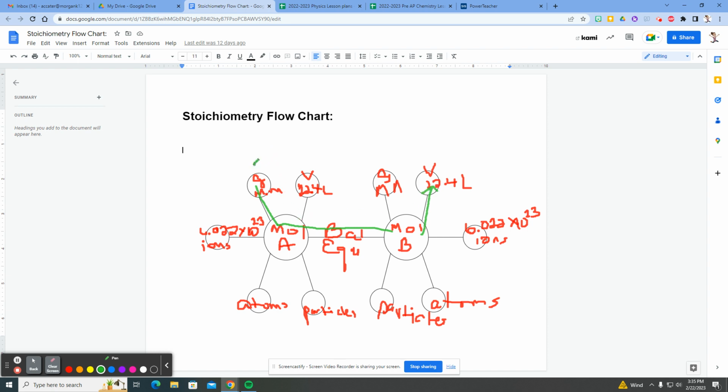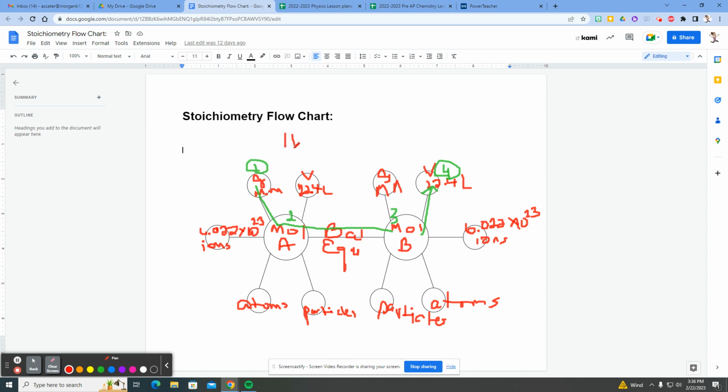So this would be step 1, step 2, step 3, and then lastly, step 4. Okay? So remember your balanced chemical equation.